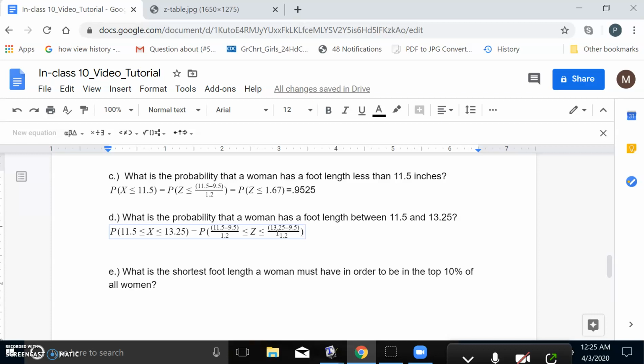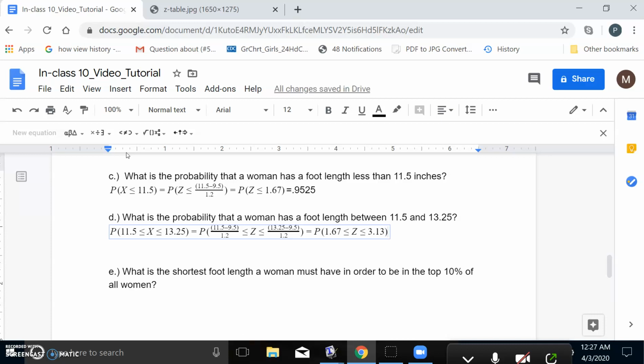Working these out, the one on the left is 1.67, rounded to 2 decimal places, less than or equal to z, which in turn is less than or equal to 3.125, so let's round it to 3.13 to 2 decimal places.